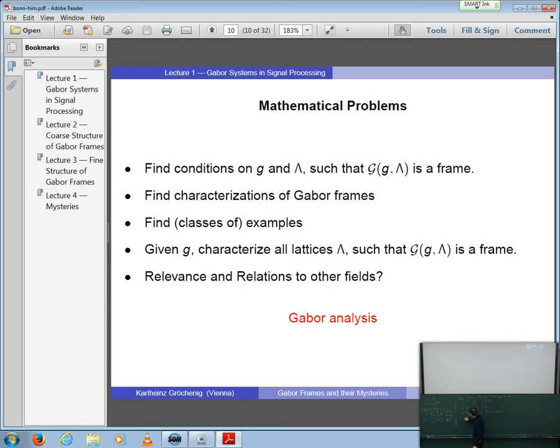And three, for that I need one more definition attached to lattices. The volume of a lattice is the absolute value of the determinant generating this lattice. A lattice may be generated by many different matrices corresponding to different choices of a basis, but the volume is independent of that choice.